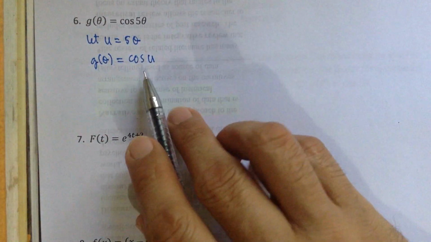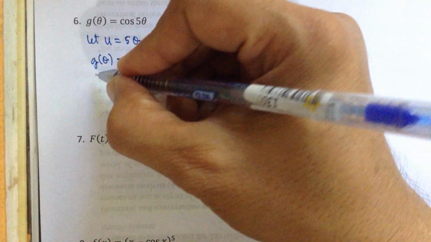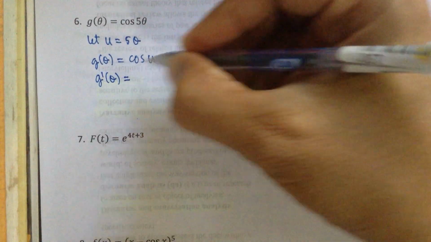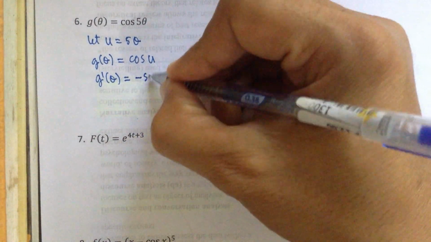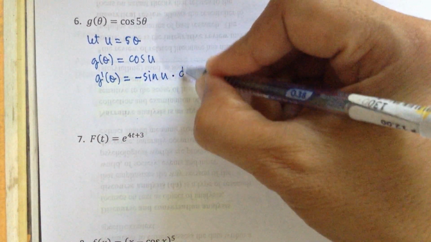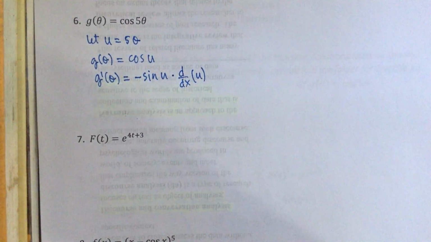So we can easily determine the derivative of this from our list of formulas. The derivative of this is g prime of theta equals, what is the derivative of cosine? We know that to be negative sine u, right? But don't forget to compute for the derivative of your u, according to the chain rule.